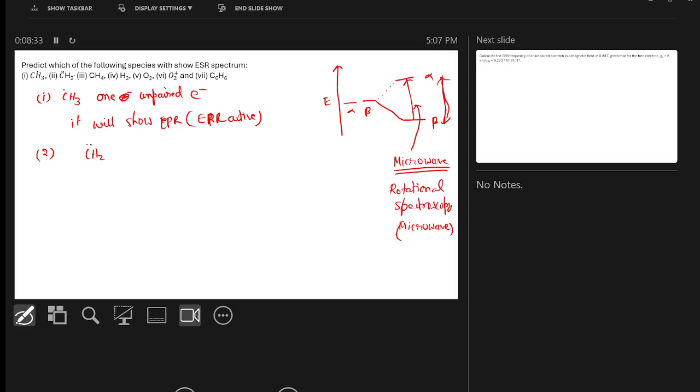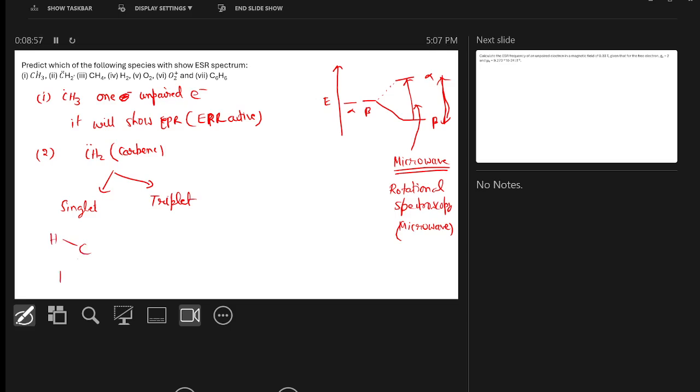CH2. So this is carbon. If you know correctly, there are two types of carbon. One is your singlet carbon and one is your triplet carbon. If you know the structure, it will look like this.